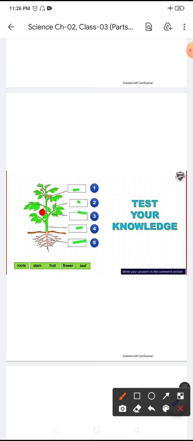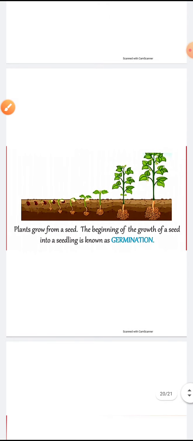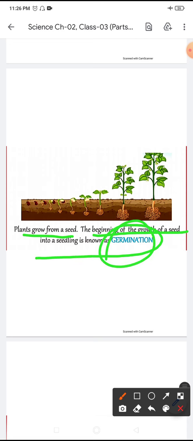Kindly fill the blanks with the help of the options given below and write your answers in the comment section. So you can test your knowledge. Plants grow from seed, and the beginning of the growth of a seed into a seedling is known as germination.